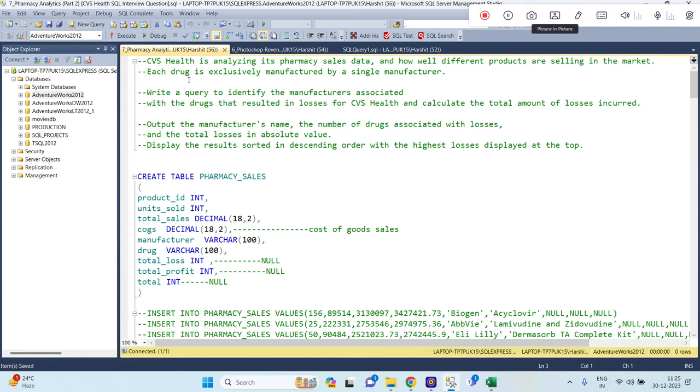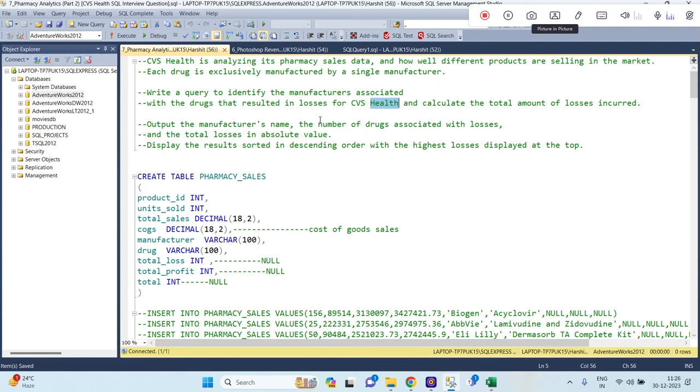CVS Health is analyzing its pharmacy sales data and how well different products are selling in the market. Each drug is exclusively manufactured by a single manufacturer. Write a query to identify the manufacturer associated with the drugs that resulted in losses for CVS Health and calculate the total amount of losses incurred.